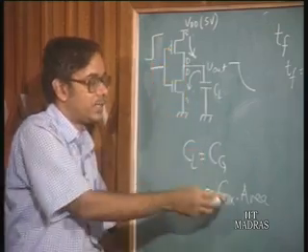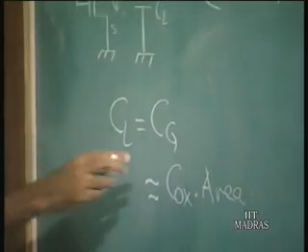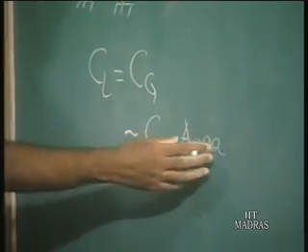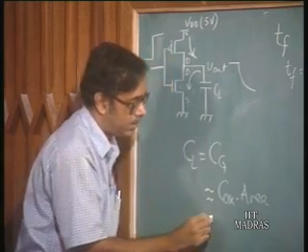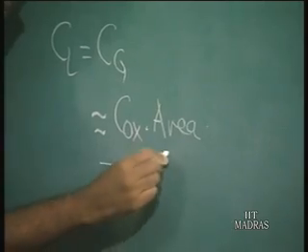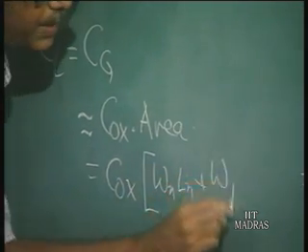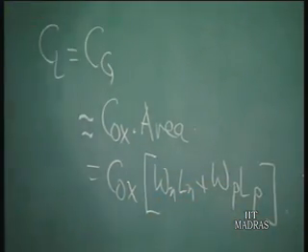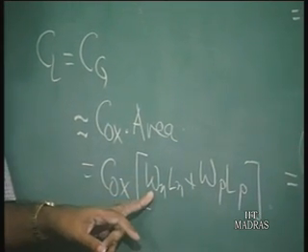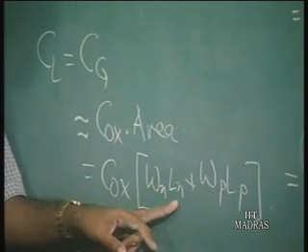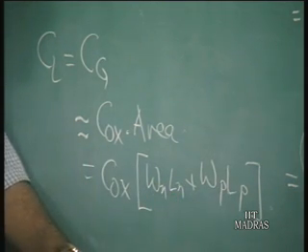Cox is epsilon ox by Tox, where Tox is the oxide thickness, and the area is that of the NMOS and the PMOS. So this will be Cox into Wn Ln plus Wp Lp, where Wn is the width of the NMOS transistor, Ln is its length, Wp is the width of the PMOS transistor, and Lp is its length.